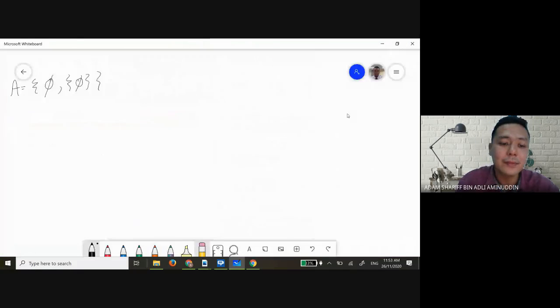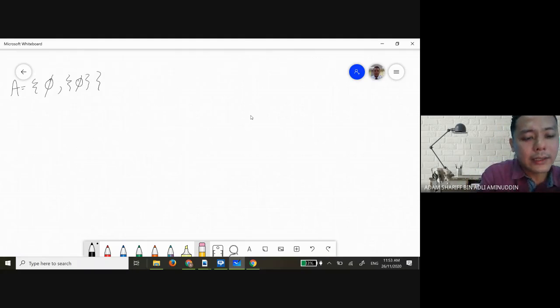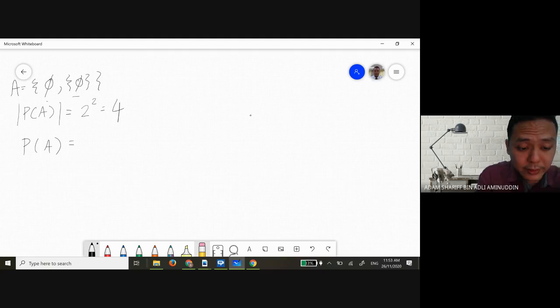So it's good practice for you to know the number of elements in this power set of A. If there are 2 elements, it will be 4. Betul. And the confusing part comes later, but worry not.